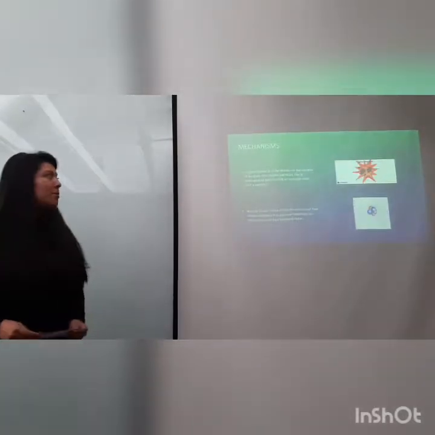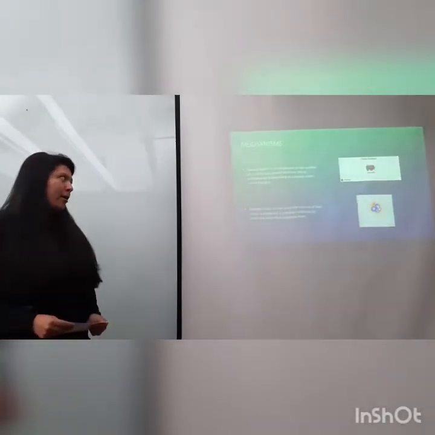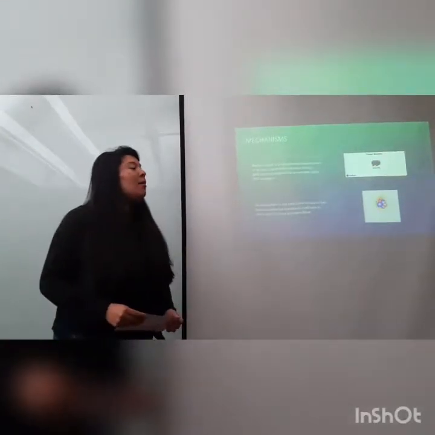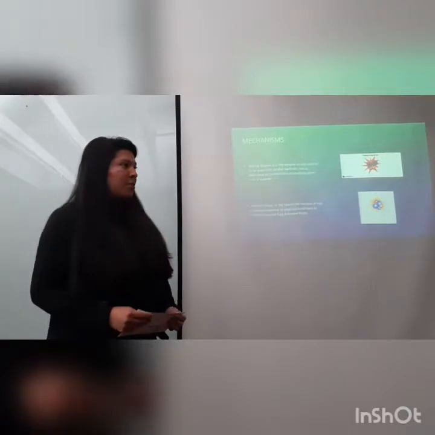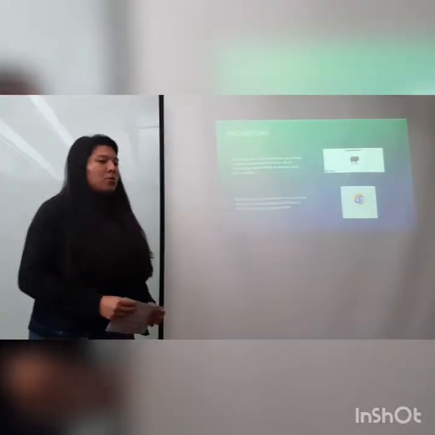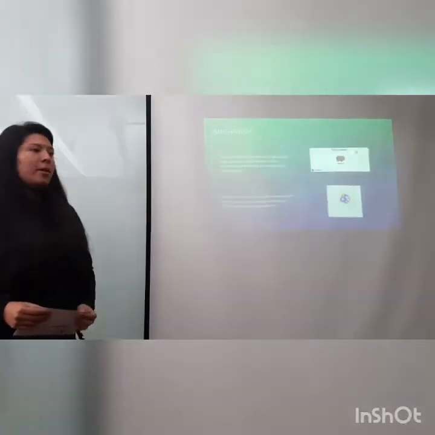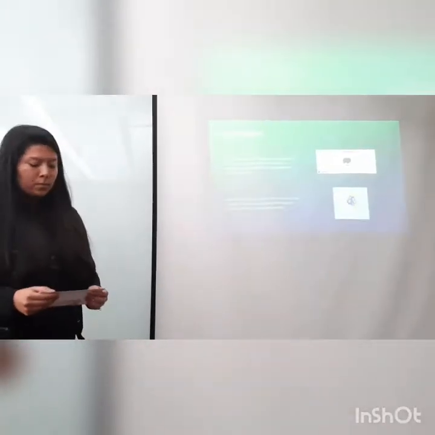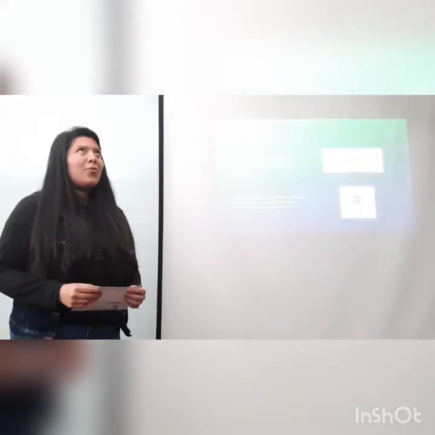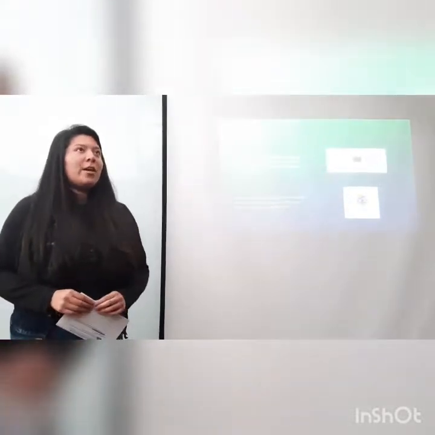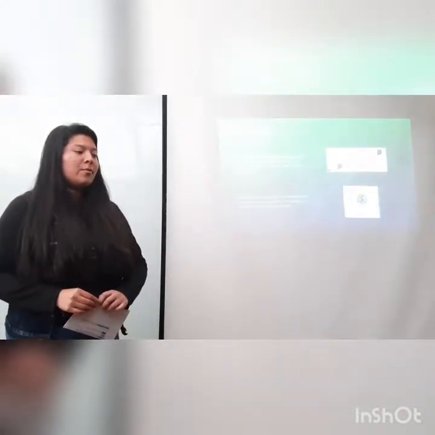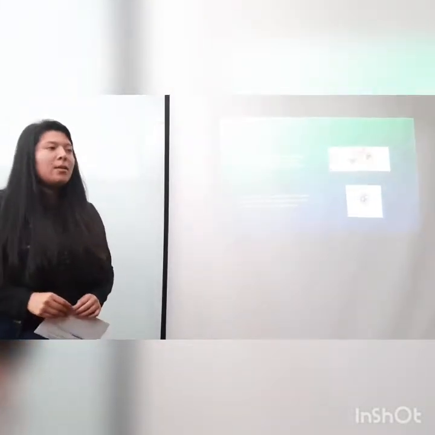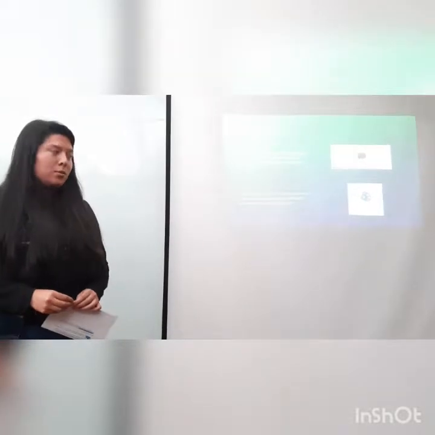There are two mechanisms to obtain the energy. The first is nuclear fission. It is the division of the nucleus of an atom into smaller particles. One of the important features of nuclear fission is that it is generated by bombarding an unstable atom with a neutron.